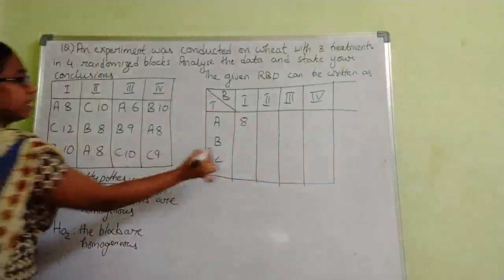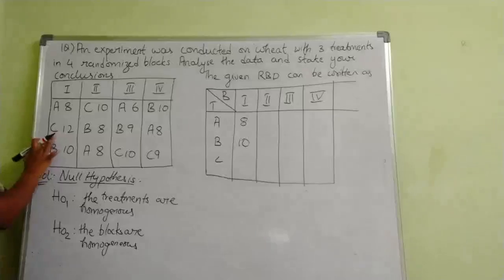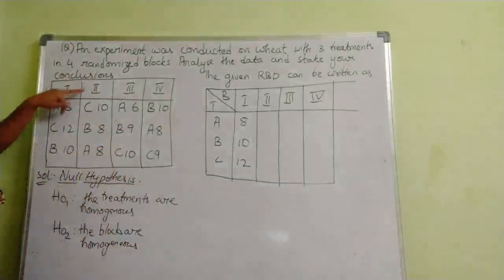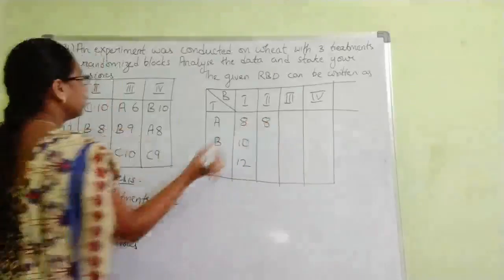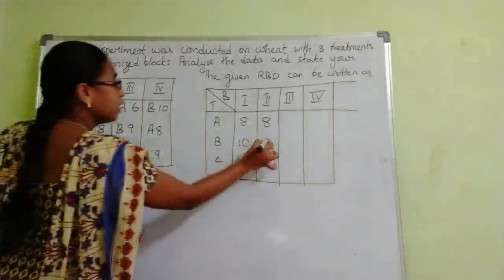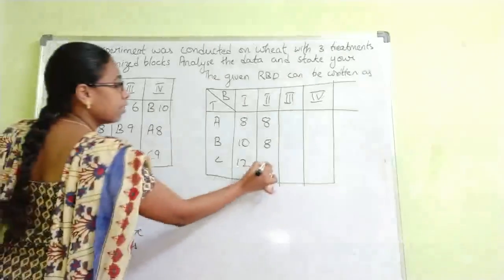It is 10. So write here 10. Next, in block 1, the treatment C value is 12. Similarly, for block 2, the treatment A value is 8. In block 2, the treatment B value is also 8. And the treatment C value is 10.